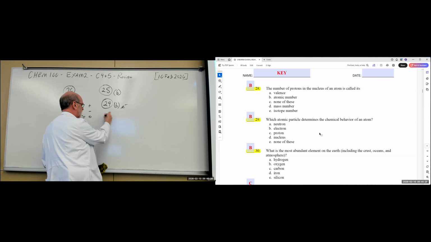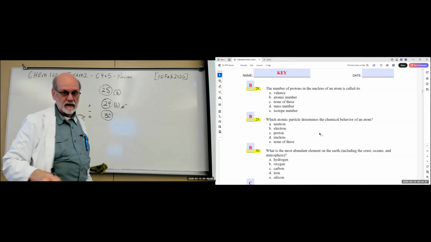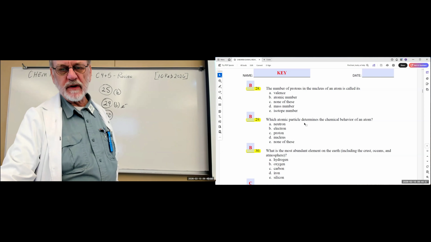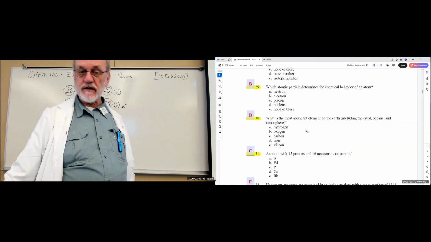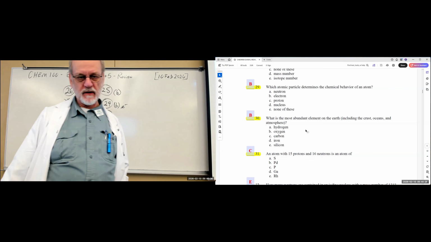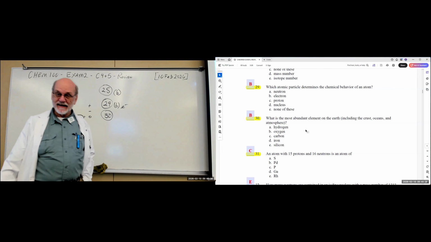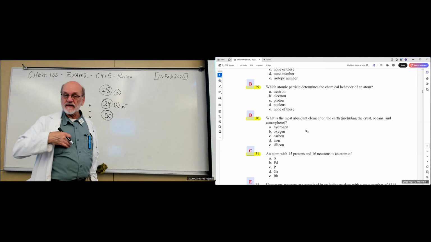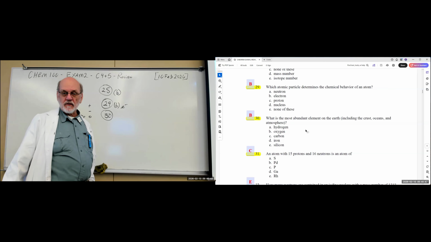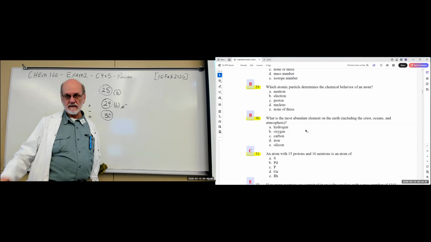Number 30. What is the most abundant element on the Earth, including the crust, oceans, and atmosphere? It's the same as in the human body. When we say abundant, we mean mass.